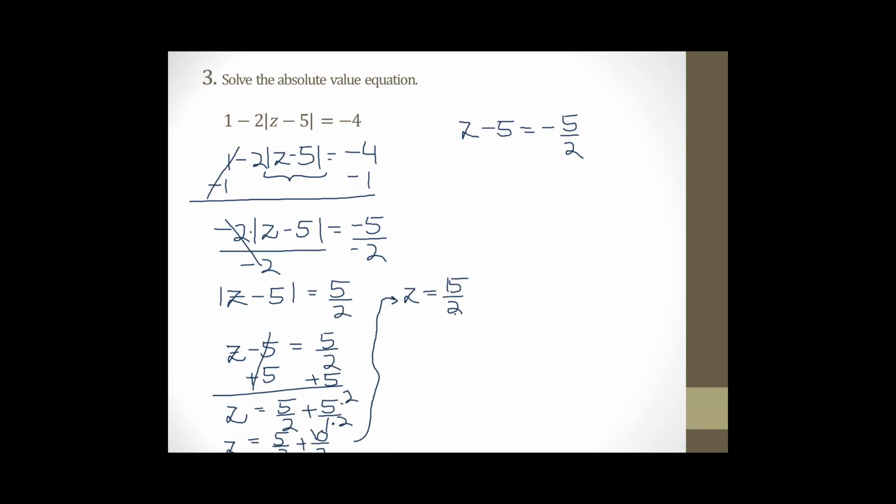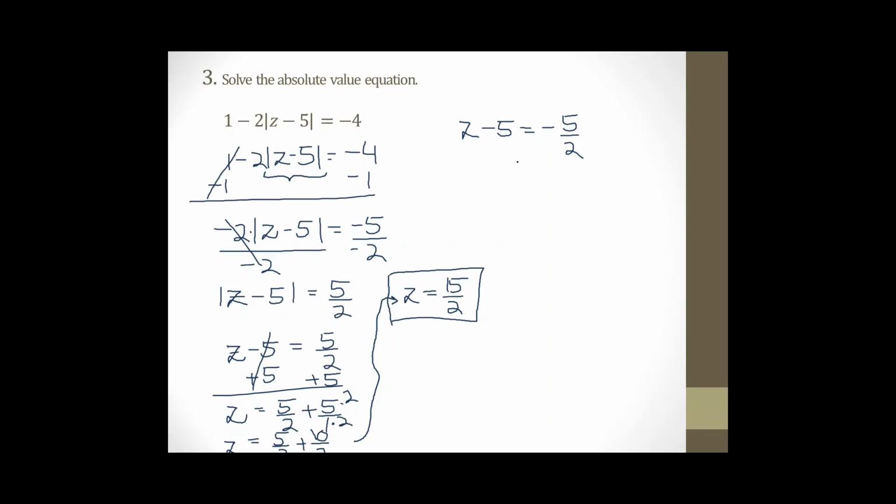I have to check if I can simplify or reduce this fraction into lowest terms, but 15 over 2, they don't share a common factor, so that's fine. And I believe in the test, most of the answers you actually have to type in. So if it doesn't specifically state to convert it into a decimal, don't do it. Just type it as a fraction, and it can be an improper fraction. So this is my first answer.